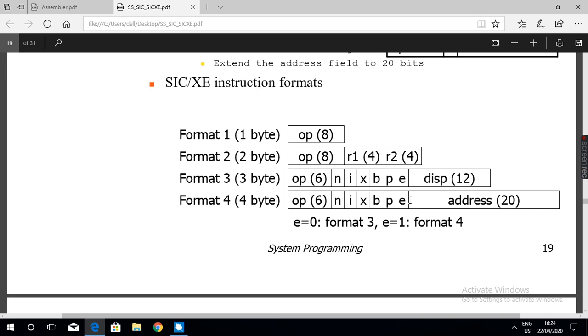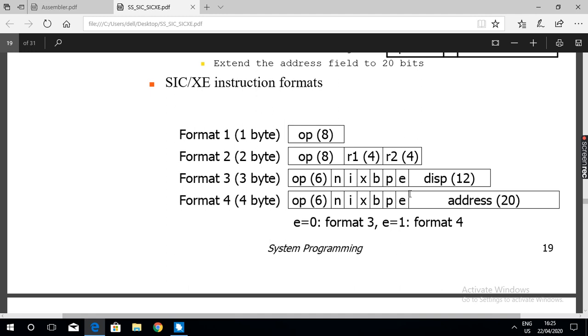One is the program counter relative addressing mode, next the base register addressing mode, next the indexed addressing mode, the immediate addressing mode, and the direct addressing mode.